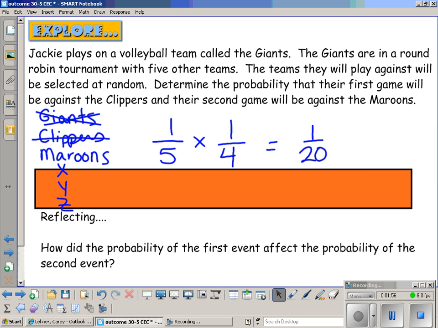How did the probability of the first event affect the probability of the second? Well, in the first event we had 5 teams to choose from, but then we played the Clippers and we can't play the Clippers again, so now there are only 4 teams left. So that second probability depends upon what happens in the first.